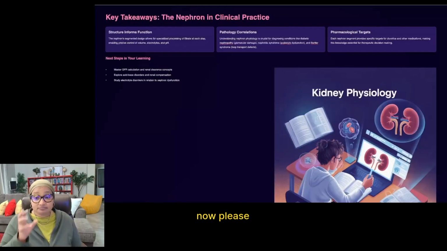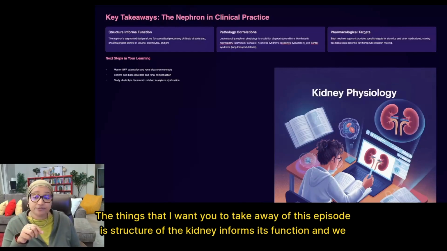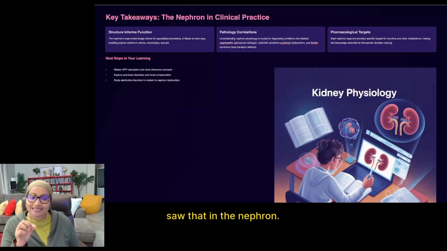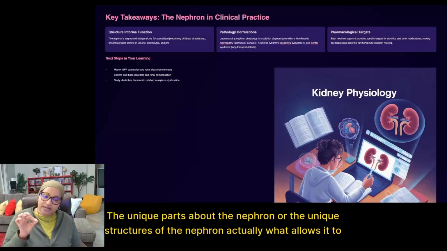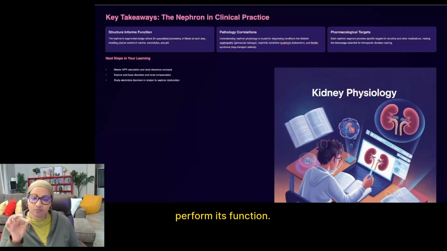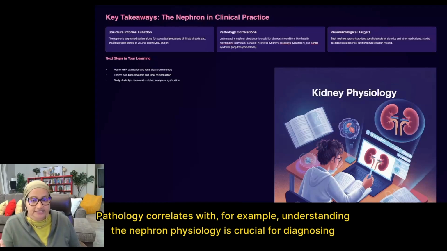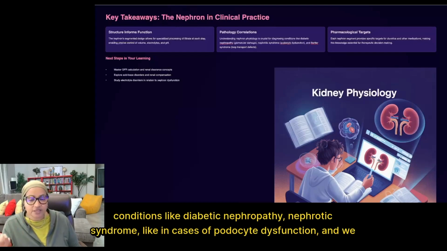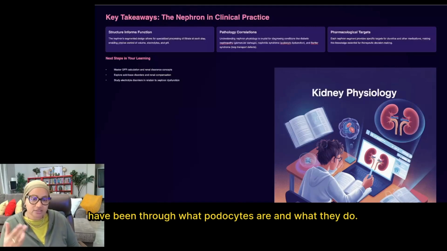Now, the things that I want you to take away from this episode: the structure of the kidney informs its function. We saw that in the nephron. The unique structures of the nephron are what allow it to perform its function. Pathology correlates: understanding nephron physiology is crucial for diagnosing conditions like diabetic nephropathy, and nephrotic syndrome, like in cases of podocyte dysfunction, and we have been through what podocytes are and what they do.